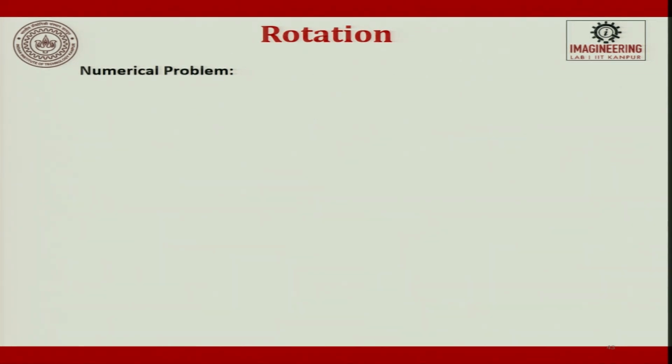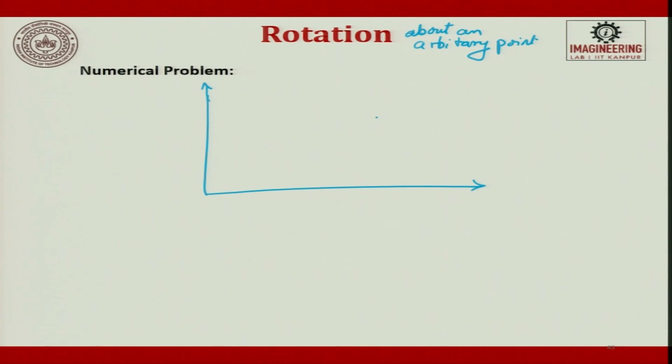Now, if we try to do rotation about an arbitrary point, for example, if this is the triangle and I have to rotate this point P about a point A somewhere.